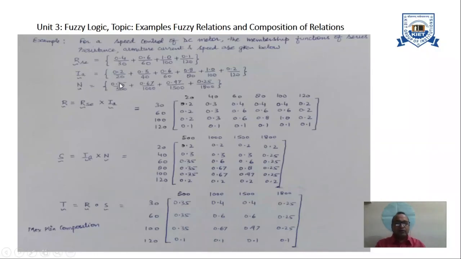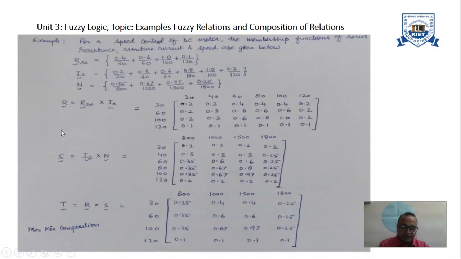That can only be achieved with the help of the composition operation of the different fuzzy relations. So our objective is to find the composition of two fuzzy relations. First, fuzzy sets are given to us, and we need to find the two fuzzy relations, one from R_SE to I_A, and another from I_A to N. These two fuzzy relations are our first prime objective.